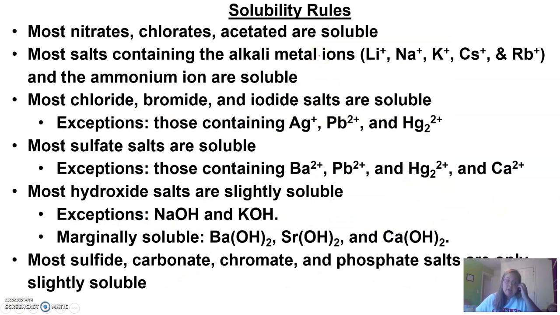All right, and I put the solubility rules here just because I know we talked about them in depth last unit, but net ionic equations are still going to be useful in this unit, and so I just wanted to put the solubility rules here for you so you can reference them in this unit rather than having to go back and find them from your previous notes. And remember, you do not need to memorize these for the AP exam.